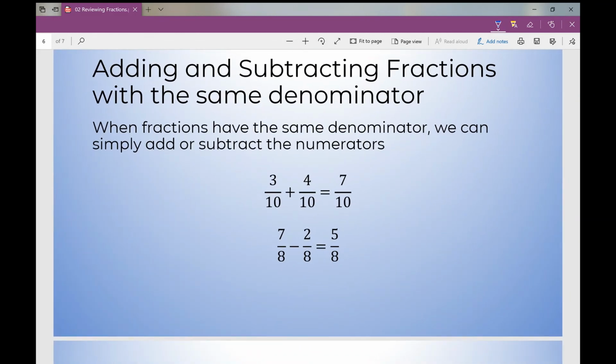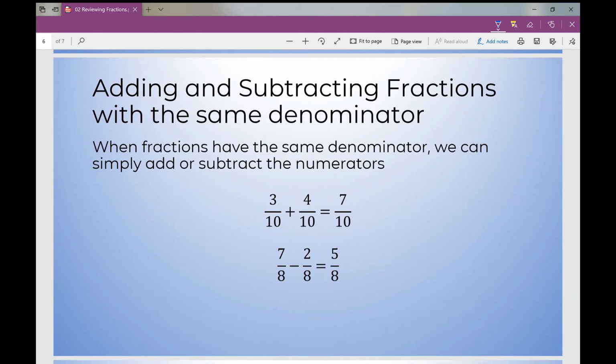And just quickly, one more thing we need to look at is how do we add and subtract fractions when they have the same denominator. This is very important, the same denominator, because if the denominators are different, our method for addition is different, and we're going to look at that in the future. Now, what we do here is when we have 3 over 10 and 4 over 10, we just add the tops together to get 7.